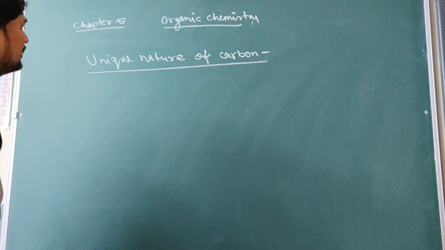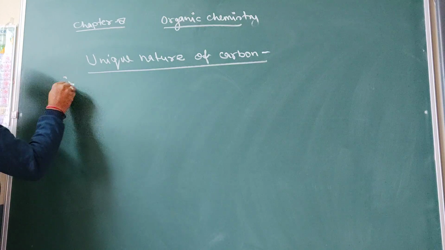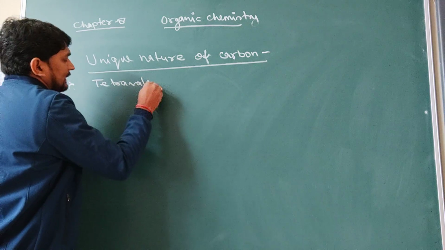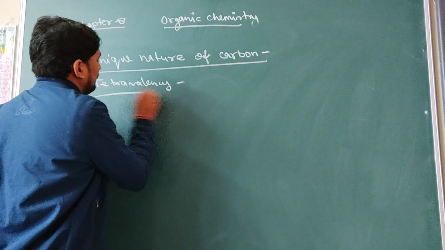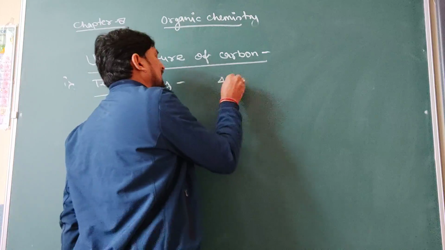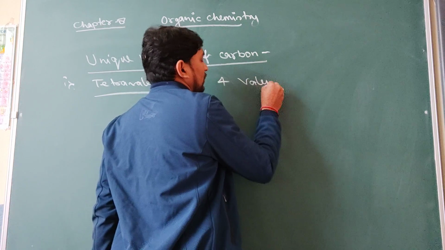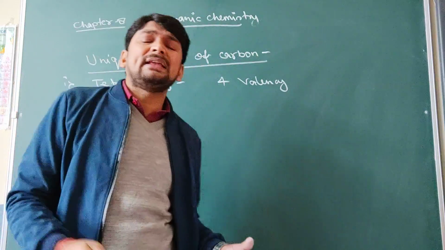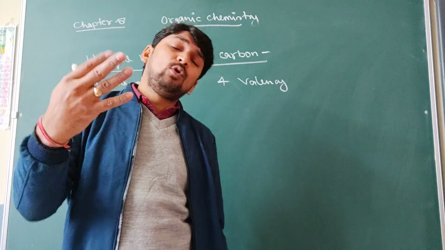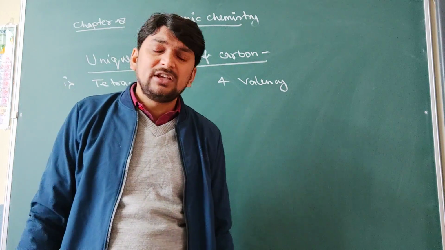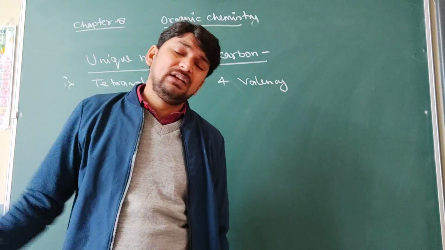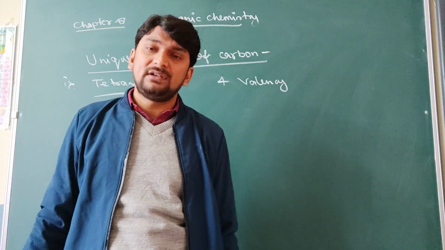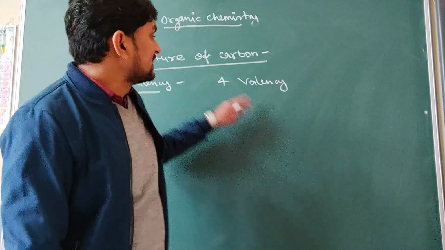The first unique nature we are going to discuss is tetravalence. What does tetravalence say? It says carbon has valency 4, and that's why carbon can join with 4 other atoms or elements in 4 different directions. It means in all 4 possible directions, carbon can join with 4 other atoms. Clear? And its valency is 4.